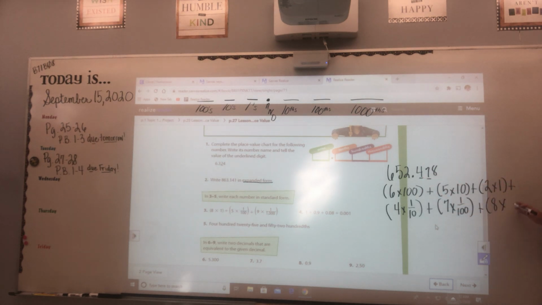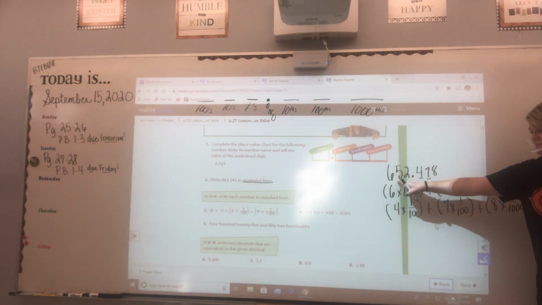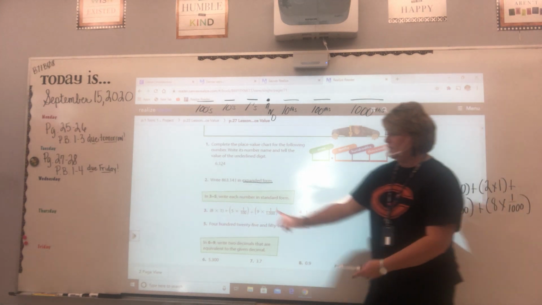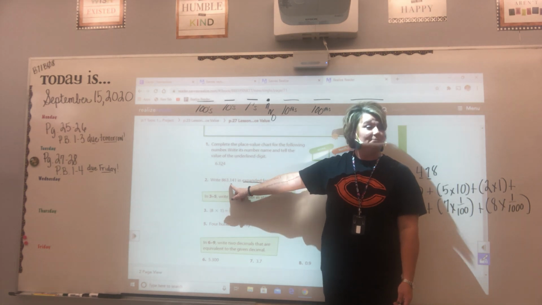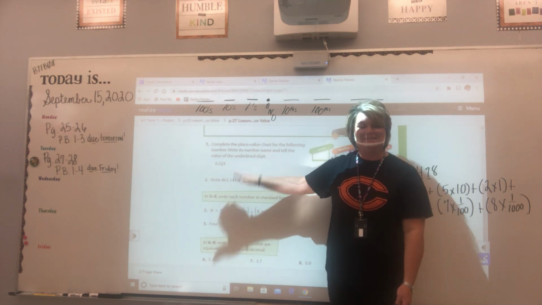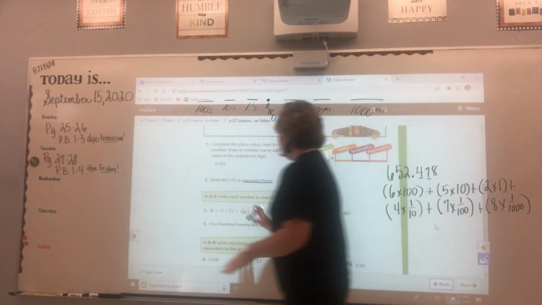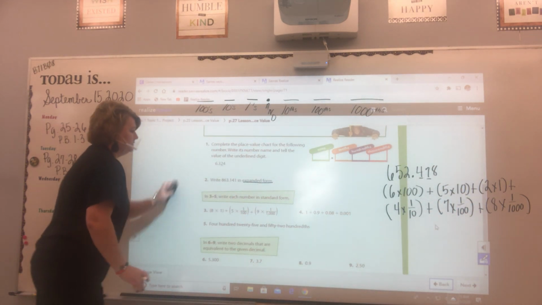The thousandths. So it would be 8 times 1/1000. Isn't this 1, 2, 3 digits before the decimal and 1, 2, 3 digits after? It's the same exact thing, just different numbers. Okay, got it? Say got it. That's how you do number 2.